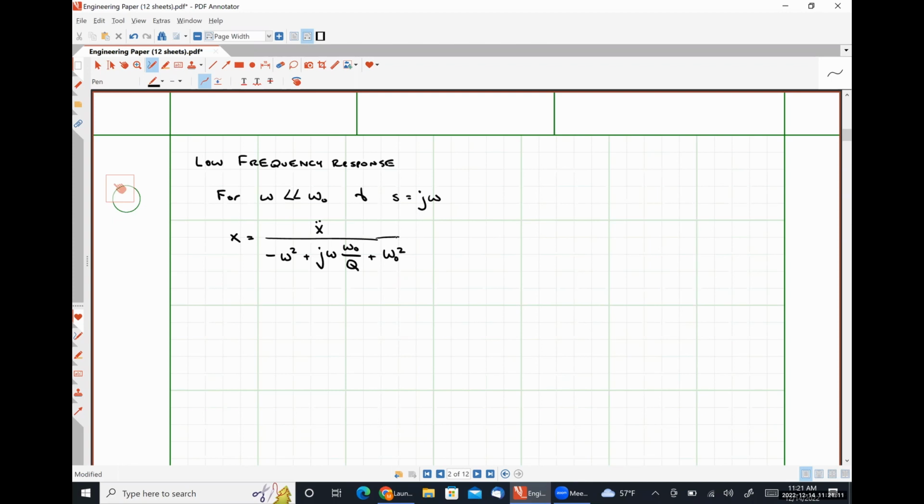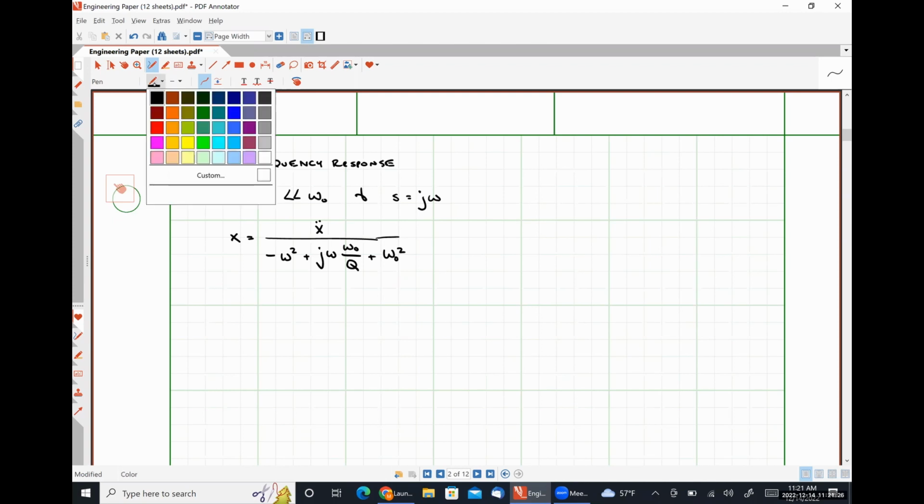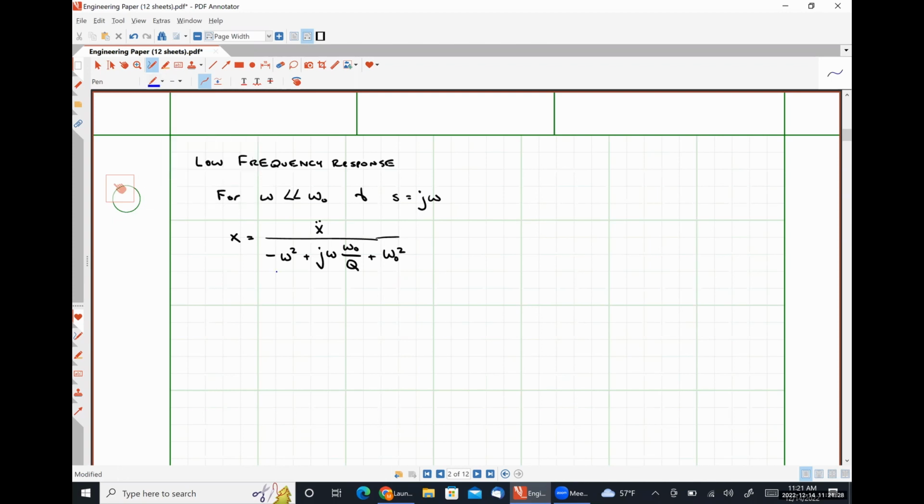Now let's look at things. If omega is much less than omega naught, then omega squared will be much smaller than omega naught squared. So effectively, this term right here is small in comparison to omega naught squared, so it largely goes away.